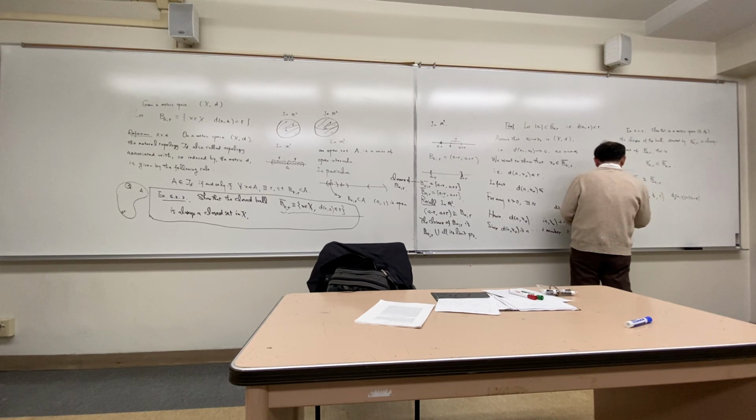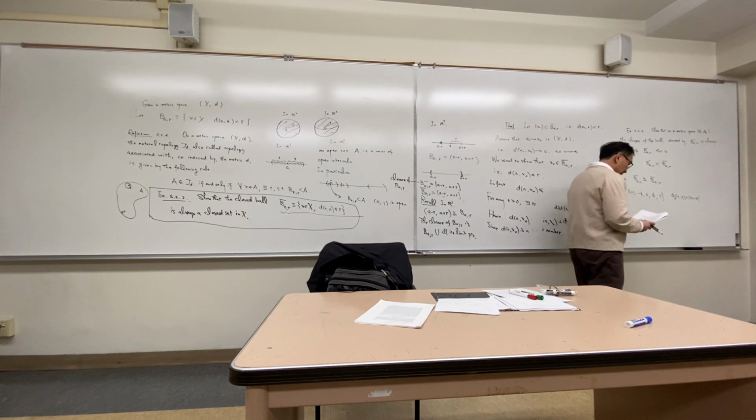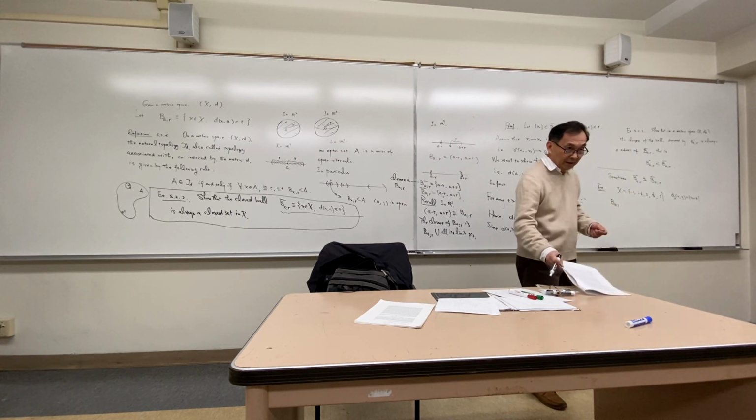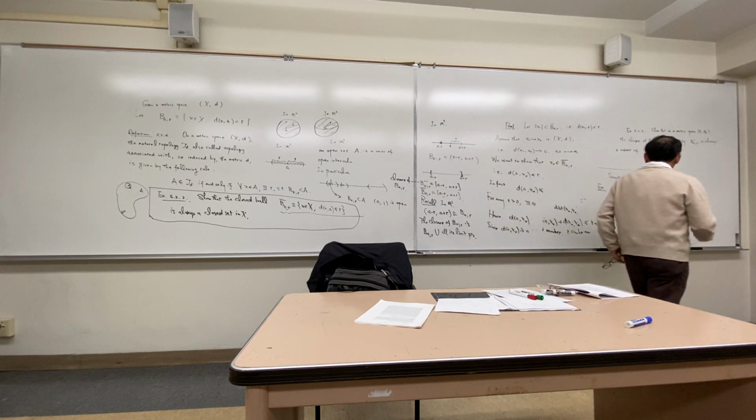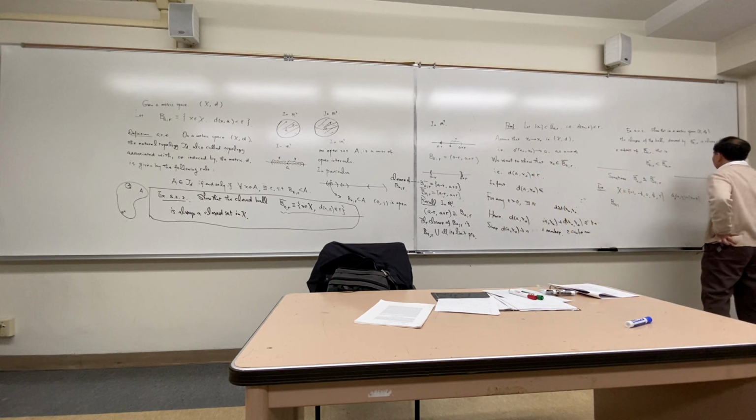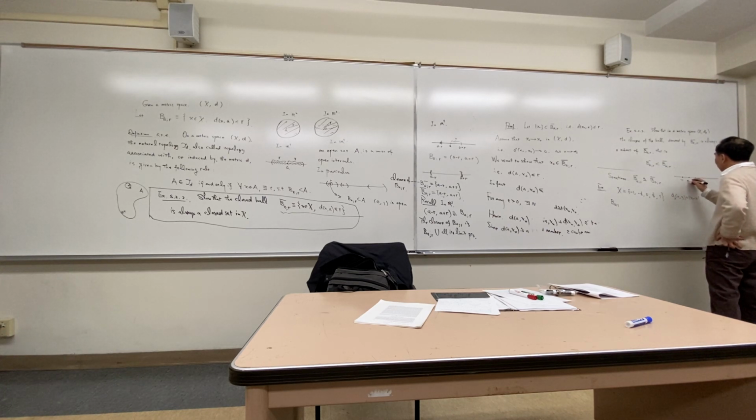Now let's see: what is the open ball B centered at 0 with radius 1? We have 5 points in the set: 0, minus 1, minus 1/2, 1/2, 1.